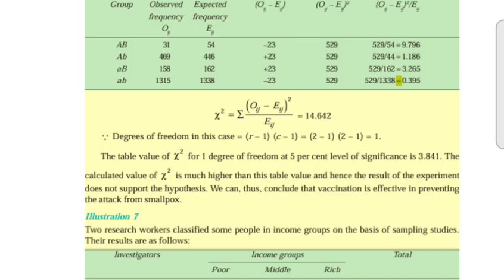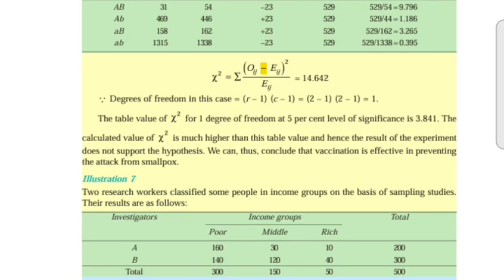Chi2 equals summation of (Oi - Ei)^2 / Ei equals 14.642. The degrees of freedom in this case equals (r minus 1)(c minus 1) equals (2 minus 1)(2 minus 1) equals 1.